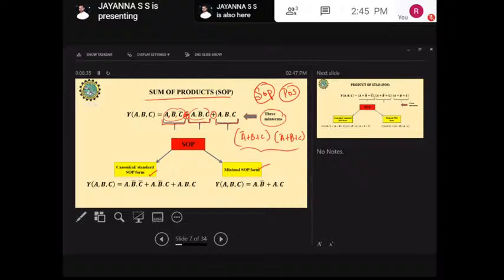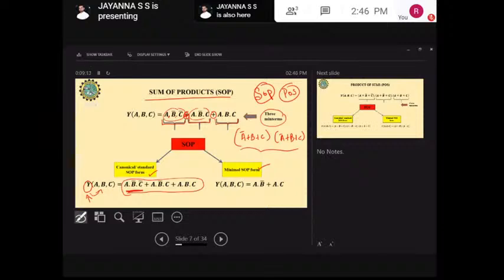Coming to canonical SOP, suppose y is the output. It will be the dependent variable, where A, B, C are the independent variables, and y is dependent on the inputs A, B, C. In the canonical or standard SOP form, you can see all the variables in each term. Look at the first term, A B bar C bar, where there are three variables.